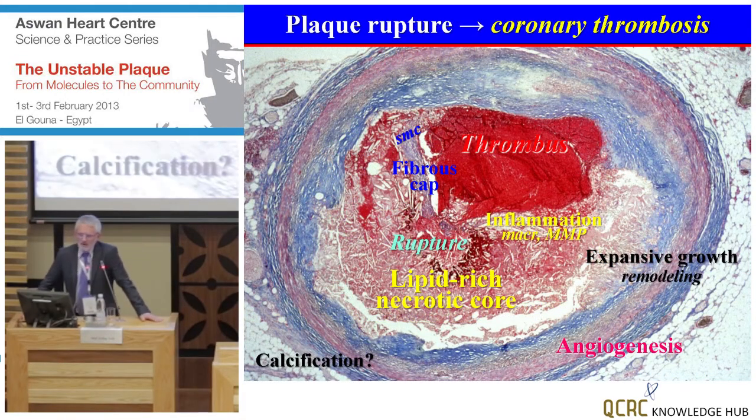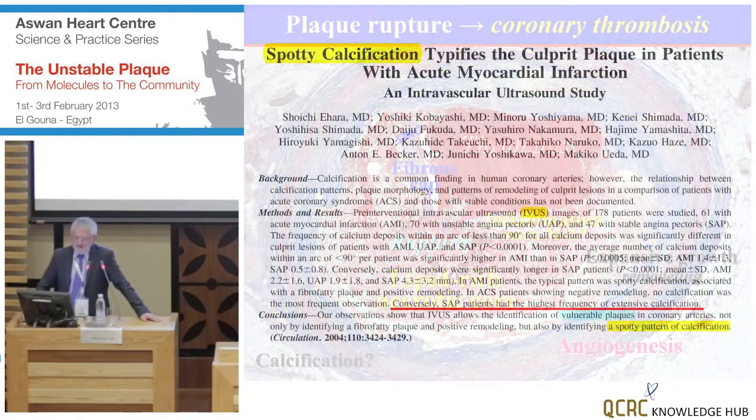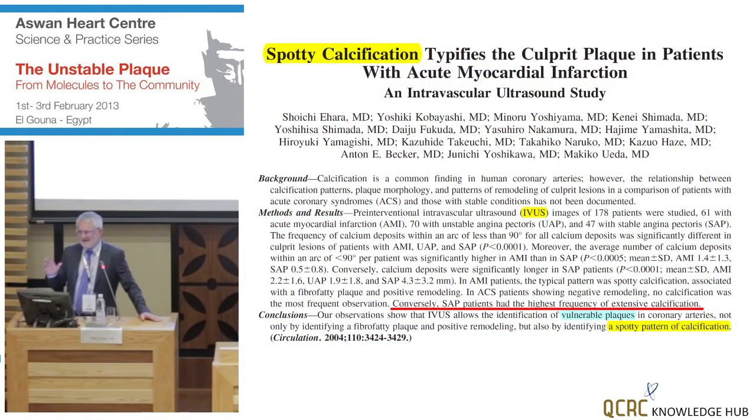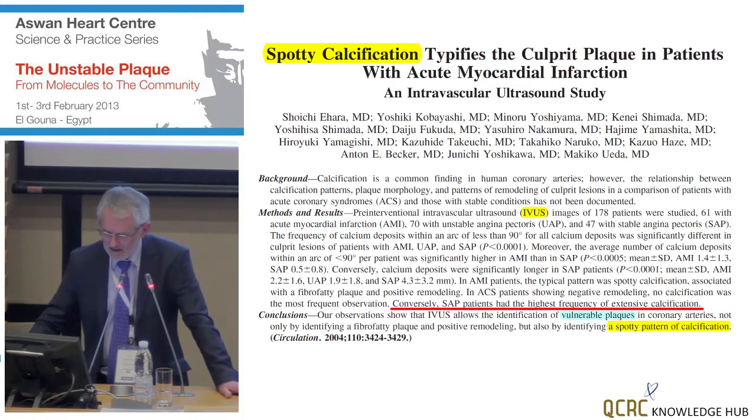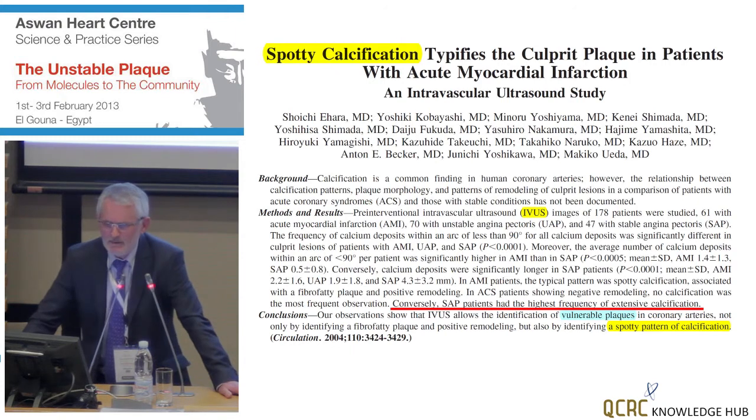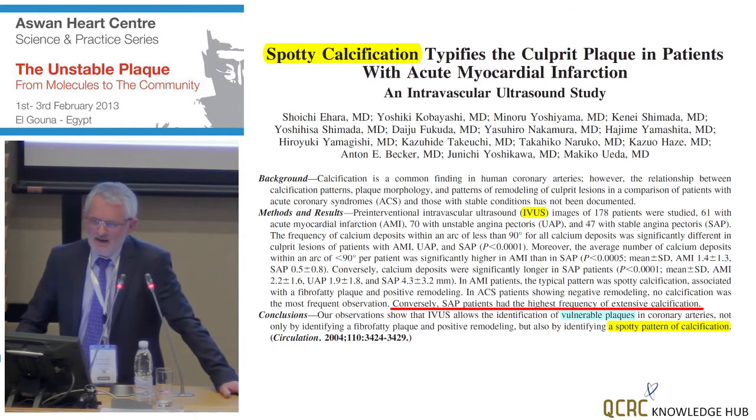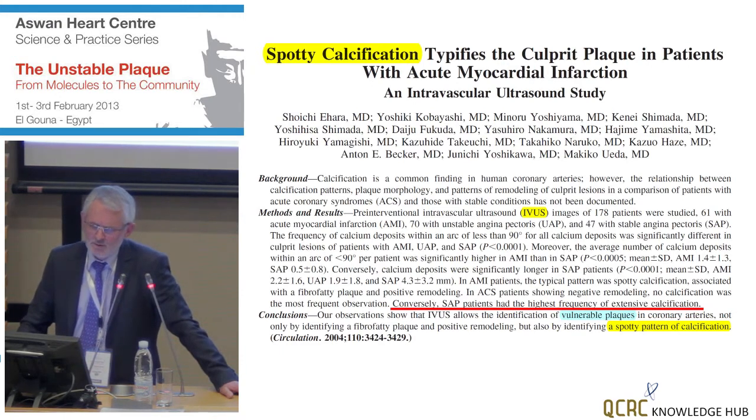Then finally, what about calcification? There seem to be at least two patterns of calcification that might differ between a high-risk plaque and a stable plaque giving rise to stable angina. It has been described in this paper by intravascular ultrasound. It may be seen also by CT, but it was first described by intravascular ultrasound. It's called spotty calcification, that is frequently seen in culprit lesions responsible for acute myocardial infarction.